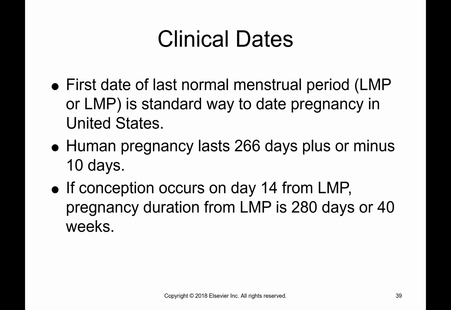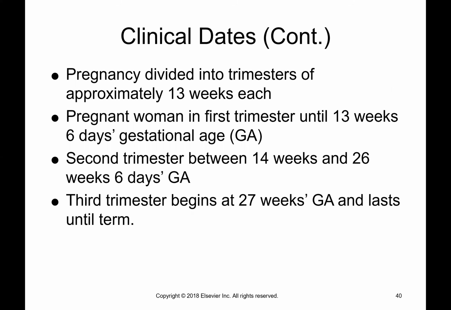The funny thing is for your first 2 weeks of pregnancy, how we determine it, you're not even pregnant, right? Because conception occurs on day 14. But that's just the easiest way for us to chart it, and most people can remember their last menstrual period. So it's just how we do it in the US.